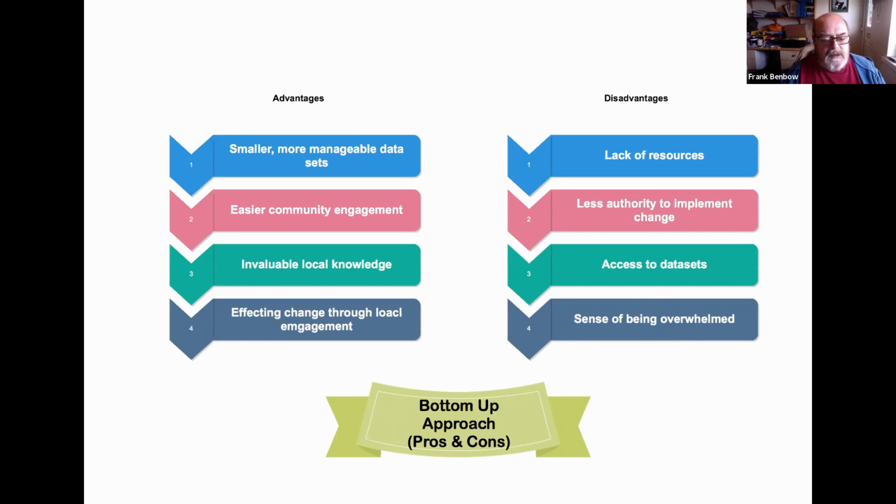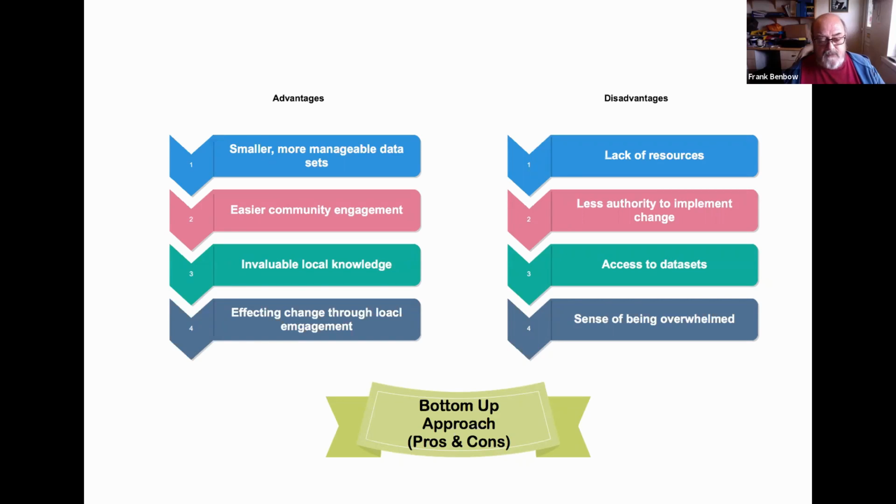It enables an easier community engagement. So we know our local communities far better than anybody else, so we can easily engage with them. We have invaluable local knowledge, and that local knowledge is essential if we're going to develop strategies for reducing our carbon footprint. And it also enables us to affect change through local engagement.